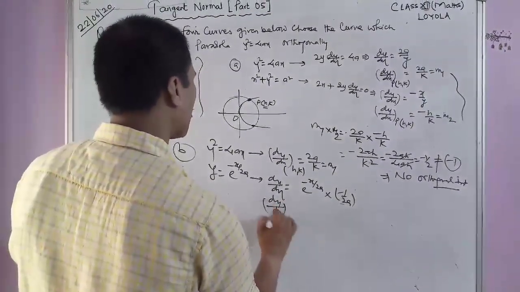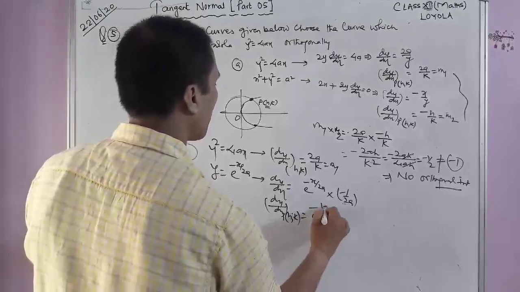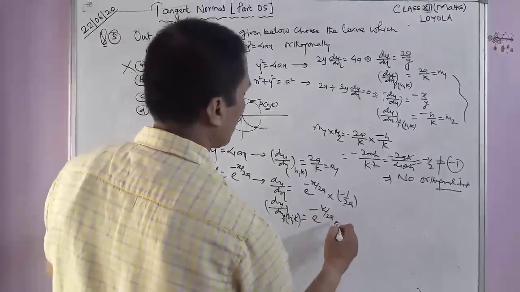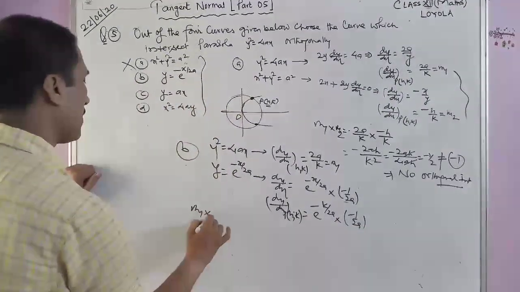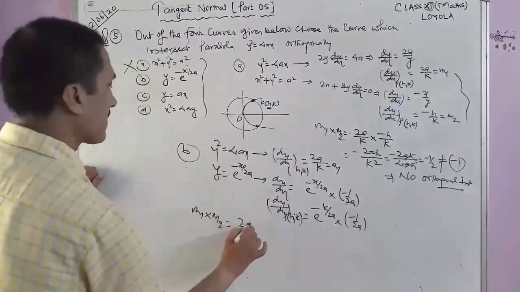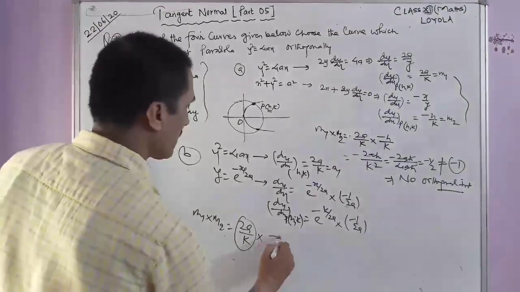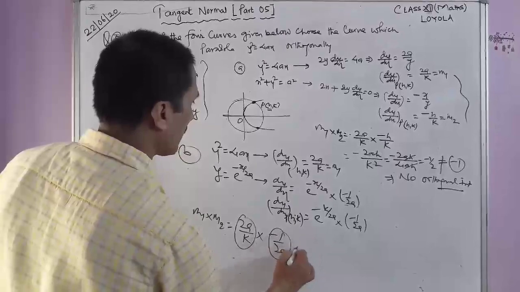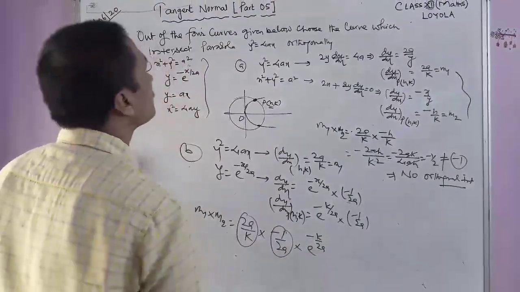dy by dx at P(h, k) is e to the power minus k by 2a into minus 1 by 2a. Here m1 into m2 equals 2a by k into minus 1 by 2a e to the power minus k by 2a.